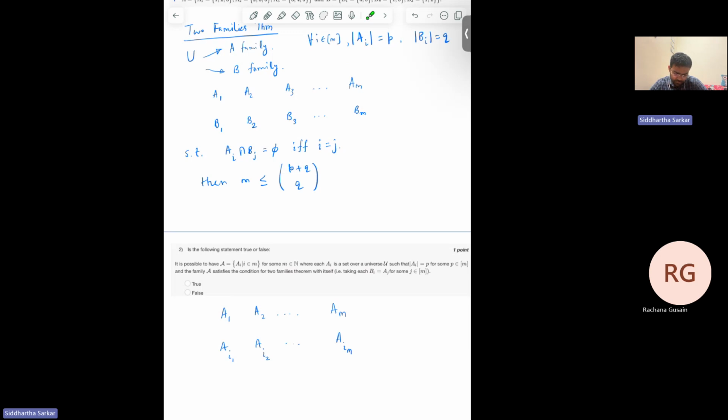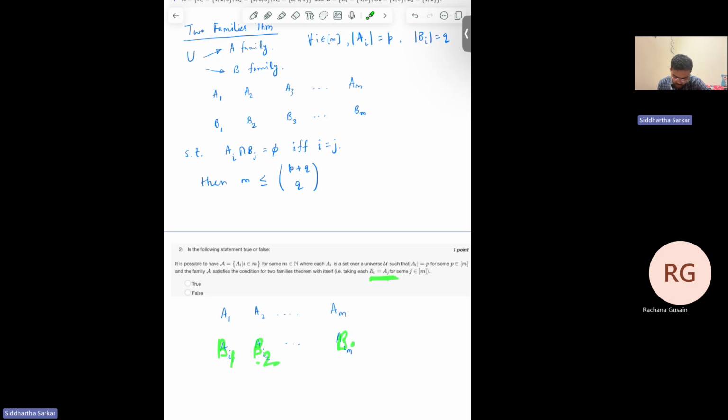So I'll repeat the question. If this statement is true, then it should be possible to find M sets A1 through AM from some universe such that every Ai has equal size, P. And then for B1, you take some Aj from the family A. For B2, you take some Aj from the family A and so on.